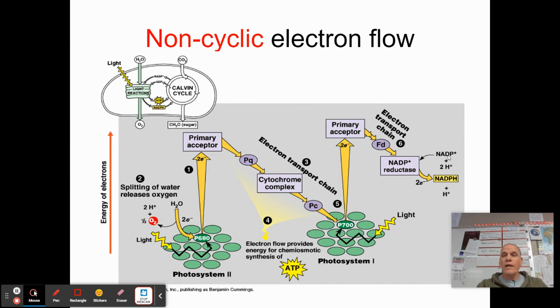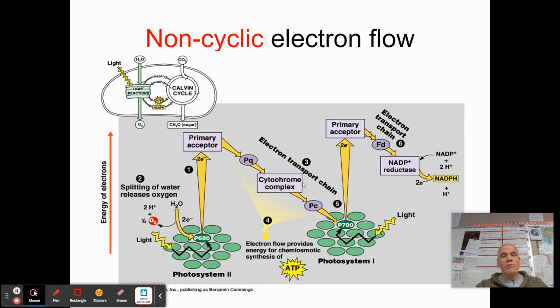So that's where the electrons go, to NADPH. It's called non-cyclic because the electrons begin in water and end up here in NADPH. We're going to use that eventually in the next stage of photosynthesis, the light-independent reactions, or the Calvin cycle. So that is non-cyclic electron flow.